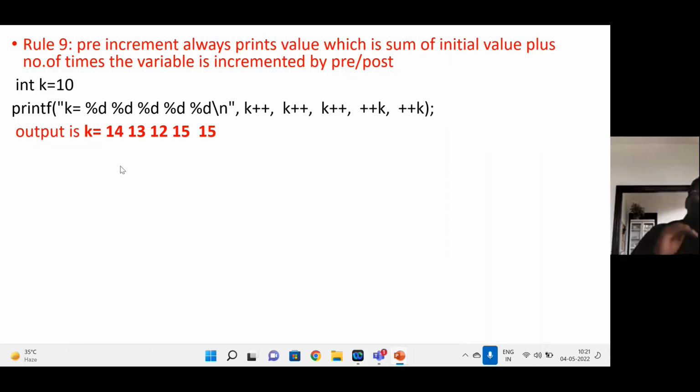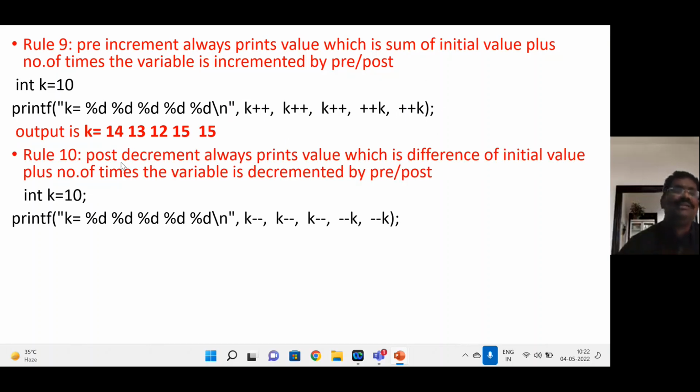The output should be 15, 15, 12, 13 and 14. You should understand it very clearly because there is a lot of confusion in this when this question is asked in competitive examinations. When you are using it like this, first look at the last variable and then proceed.